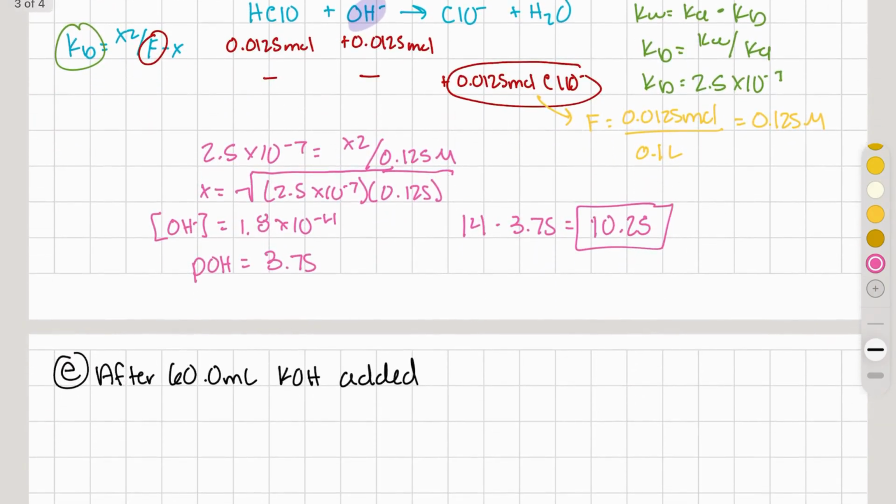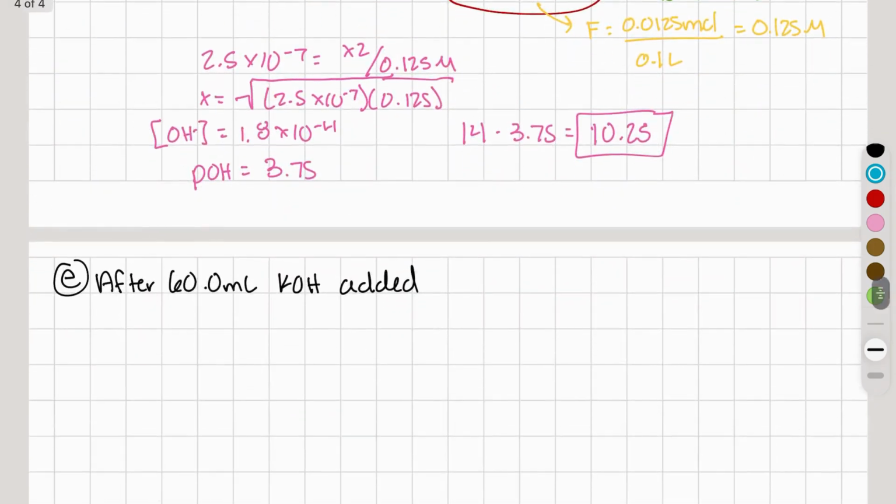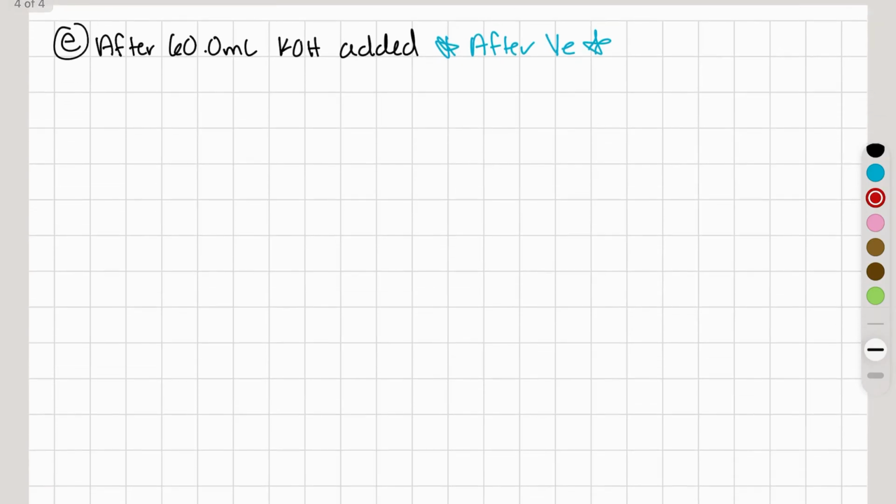All right. And the last part is it wants us to find it after 60 milliliters of this KOH have been added. So this is our first time after VE in this case. After VE, in our solution, we have diluted excess strong base.